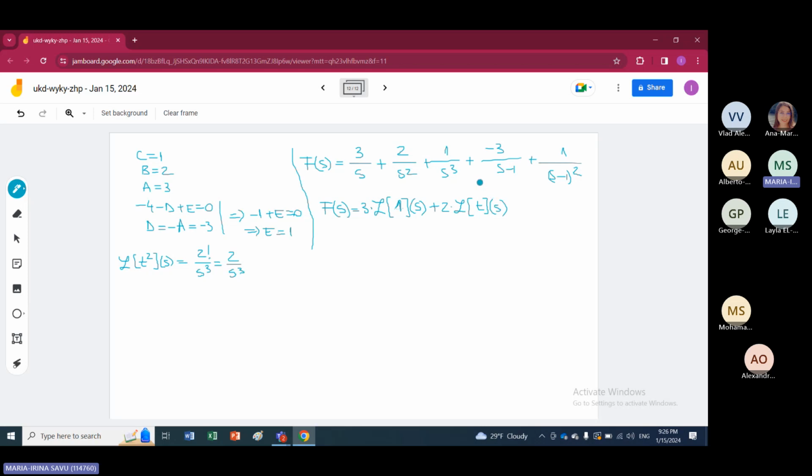In this case, we must write this function as 1 over 2 times 2 over s cubed. So this is 1 over 2 times Laplace of t squared of s, because Laplace of t squared is 2 over s cubed, and when you have the simplification, you get this function.